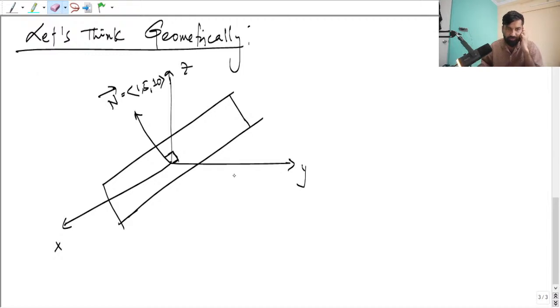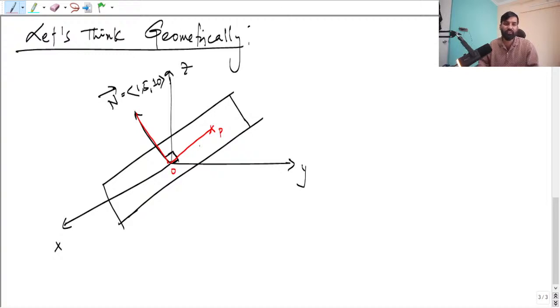So let's say this is a point P. If this vector is perpendicular to this plane, it means it is also going to be perpendicular to the vector to this point P.